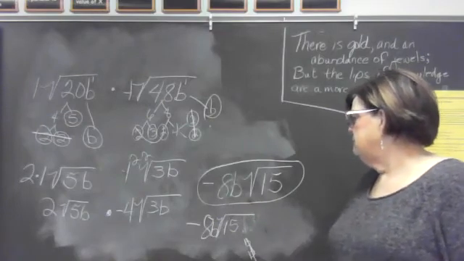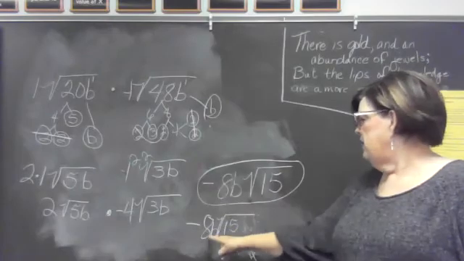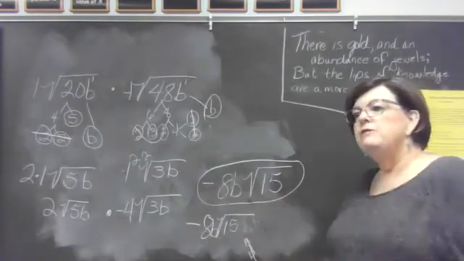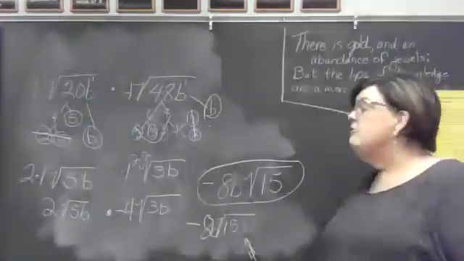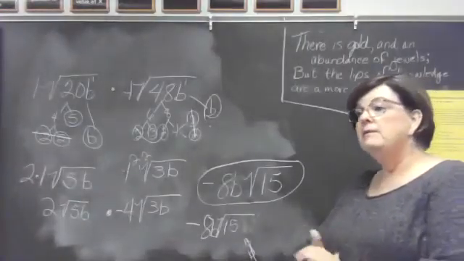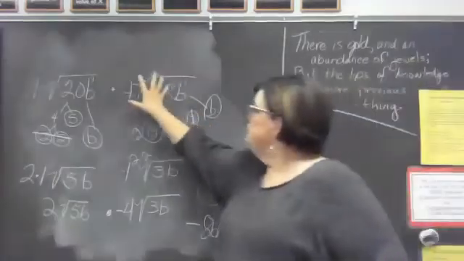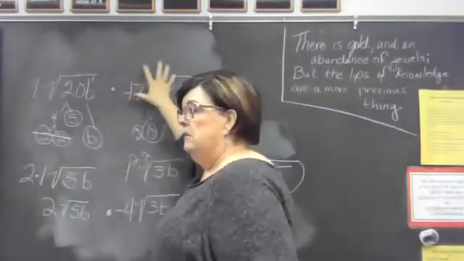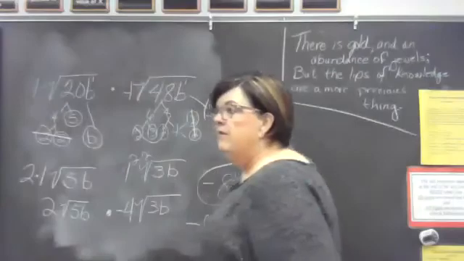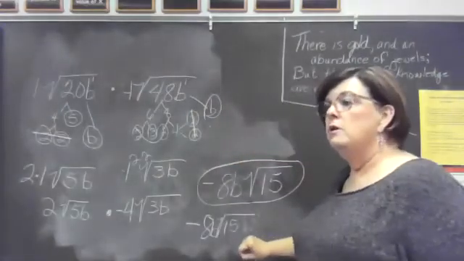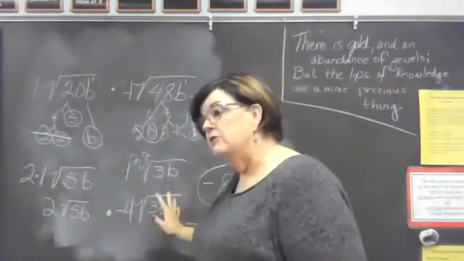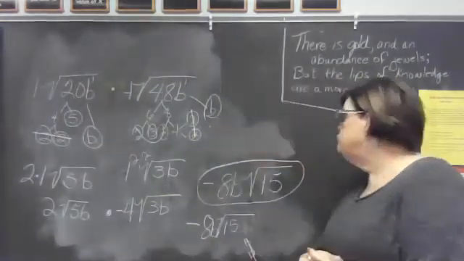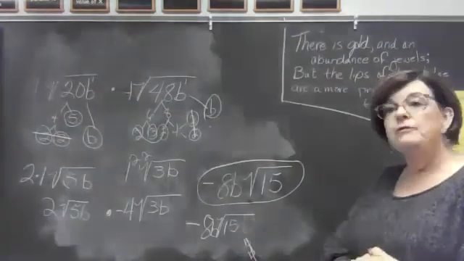See, we took it out. -8B square roots of 15. Y'all see? Okay, so either way is perfectly fine. When you just multiply this and simplify, you don't have that extra step you need to look for. But simplifying these separately is easier. So whichever one you choose to use is perfectly fine.